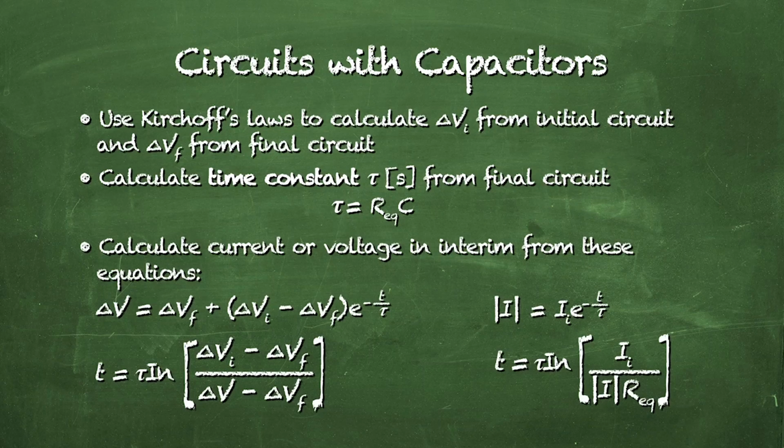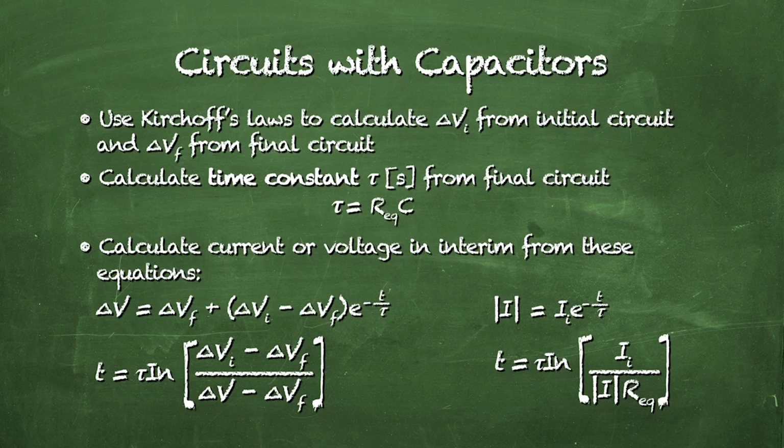The change in voltage across the capacitor is equal to the final change in voltage plus the quantity initial voltage minus final voltage times e to the minus t over tau, or delta V is equal to delta V final plus the quantity delta V initial minus delta V final times e to the minus t over tau.